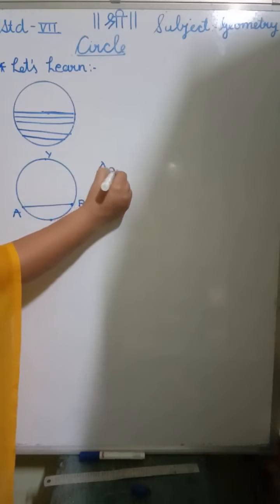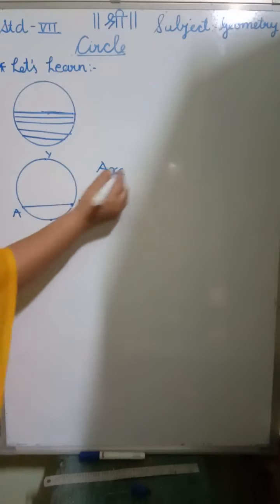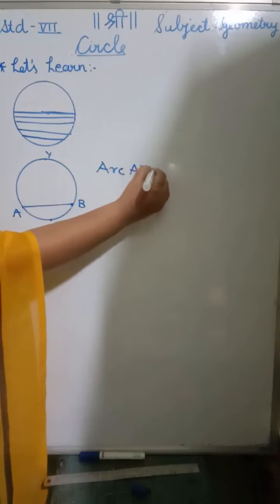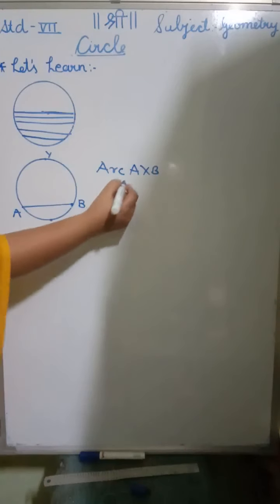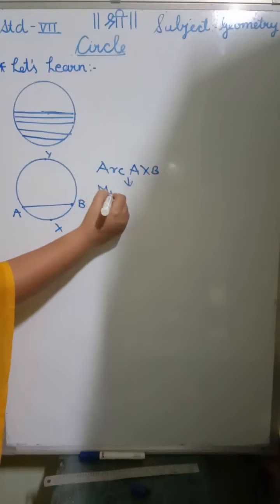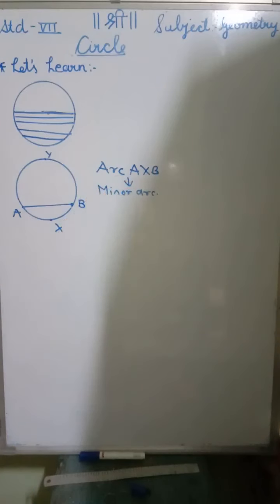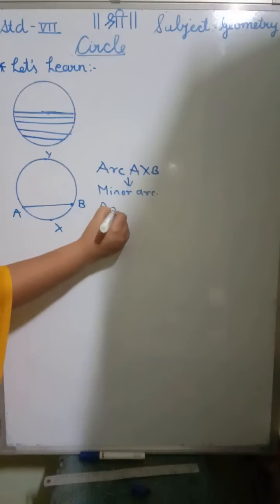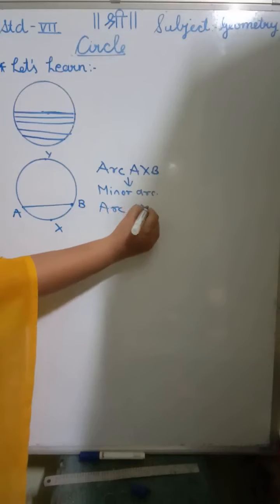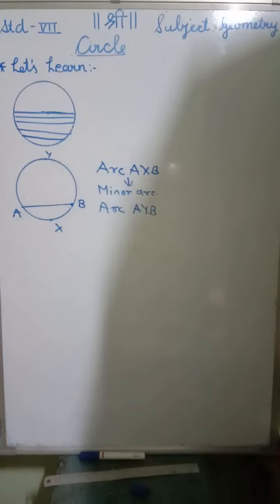The first one is arc AXB. Is it a smaller arc? So this arc is called the minor arc. Now the other arc that we get is arc AYB. Is it a bigger arc?